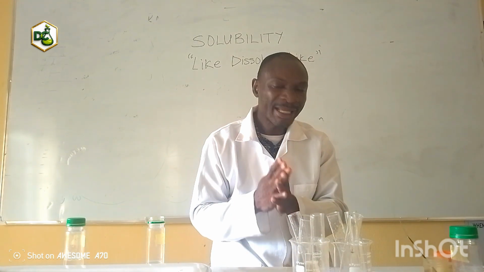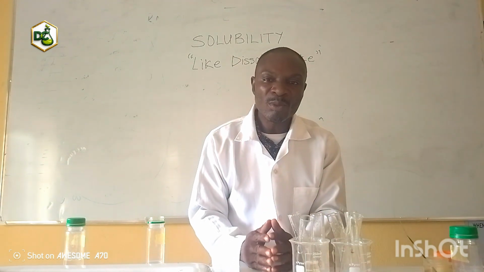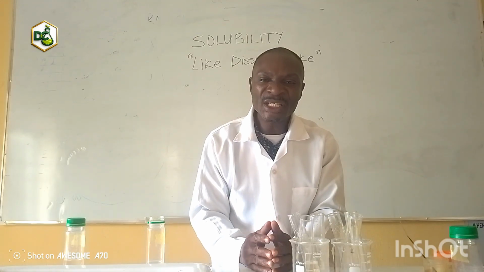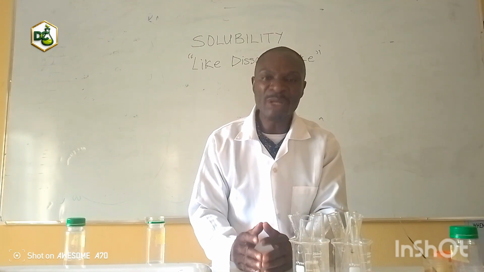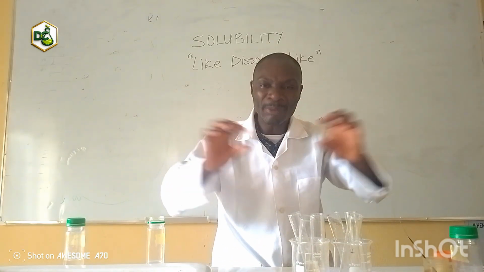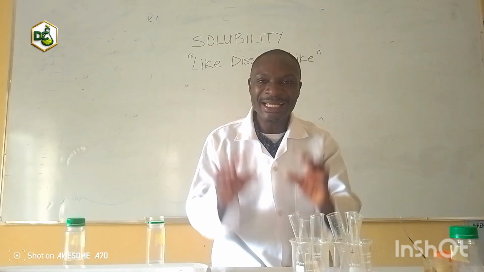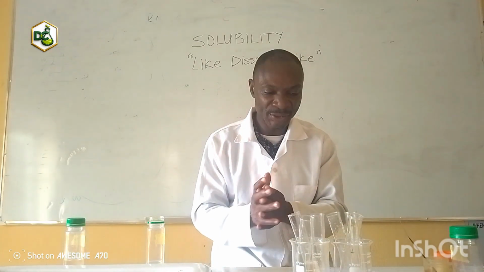Now, we can have a liquid-liquid interaction where they are mixable. It then means that they have resemblance in polarity. If they don't have resemblance in polarity, it cannot mix.